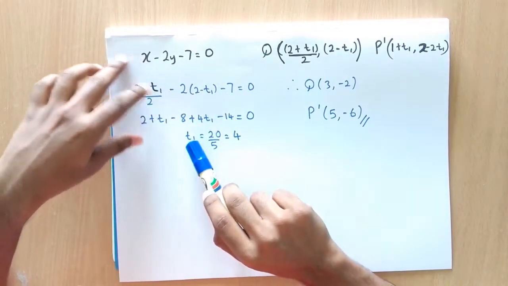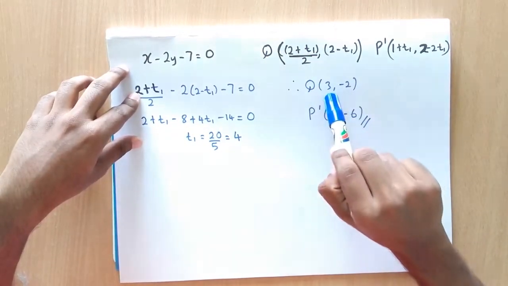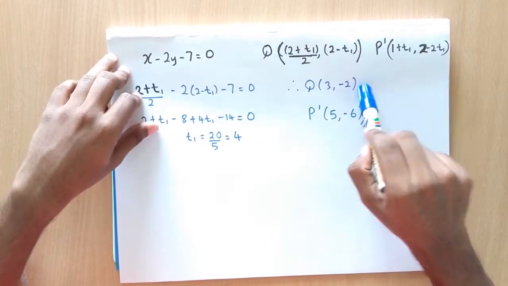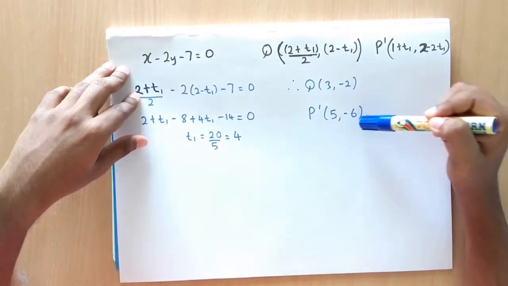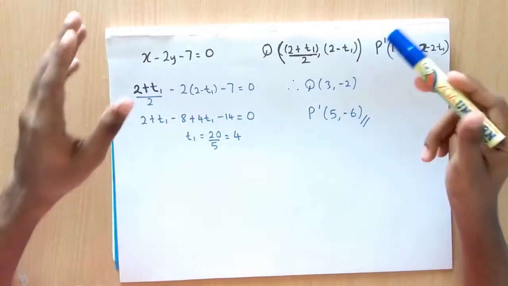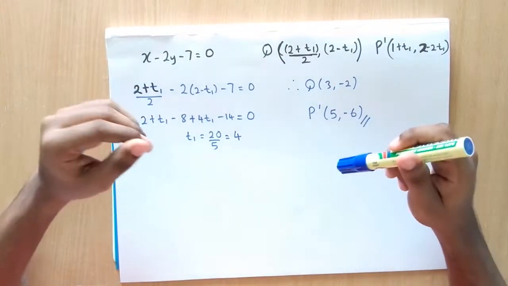So then we can get t1 equals 4. So now we can find Q as (3, minus 2) and also the coordinates of the image P dash as (5, minus 6). To be familiar with this technique, try the exercises given in the description below.